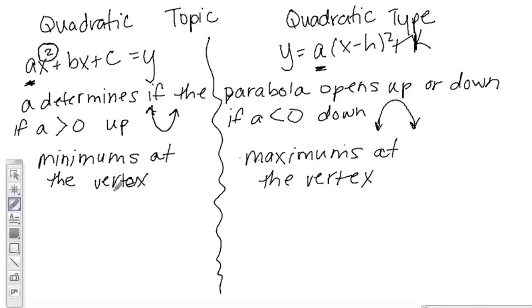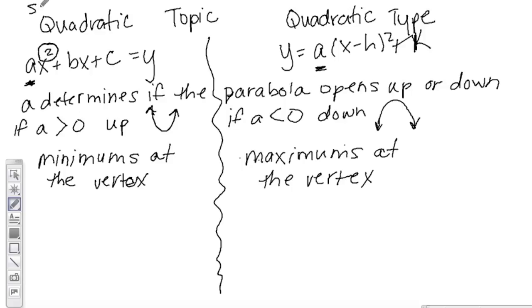So since the vertex is of critical importance to us, I want to be able to quickly find the vertex if it is in standard form, like it is over here on the left, or if it is in HK form, like it is over here on the right.